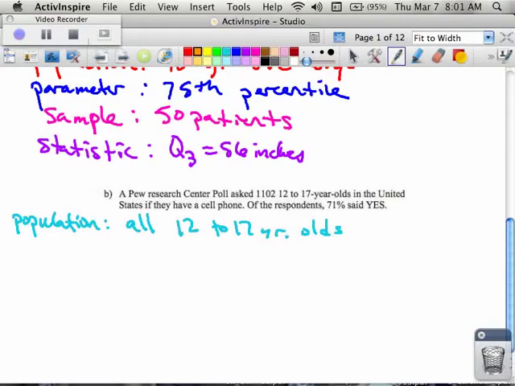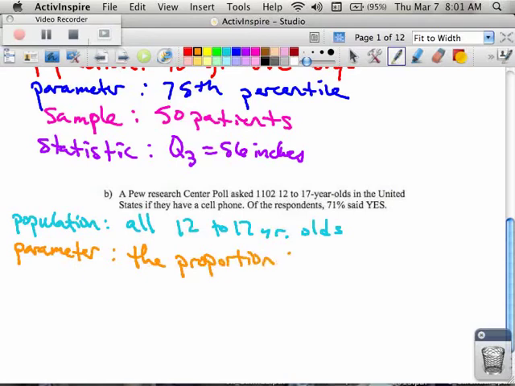Second, the parameter. I think this one's a little bit tricky, actually. So the way we're going to say it, they don't give us a number like in the last one. So this is the proportion, because remember, proportion has to do with parameter, right?